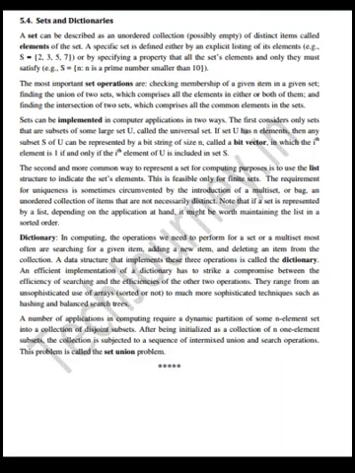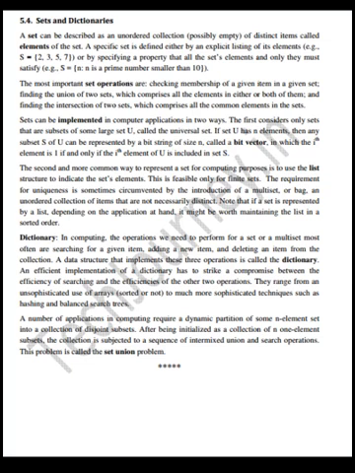Now let us see sets and dictionaries. A set can be described as an unordered collection, possibly empty, of distinct items called elements of the set. A specific set is defined either by an explicit listing of its elements, example S = {2, 3, 5, 7}, or by specifying a property that all the set's elements and only they must satisfy, example S = {n : n is a prime number smaller than 10}.